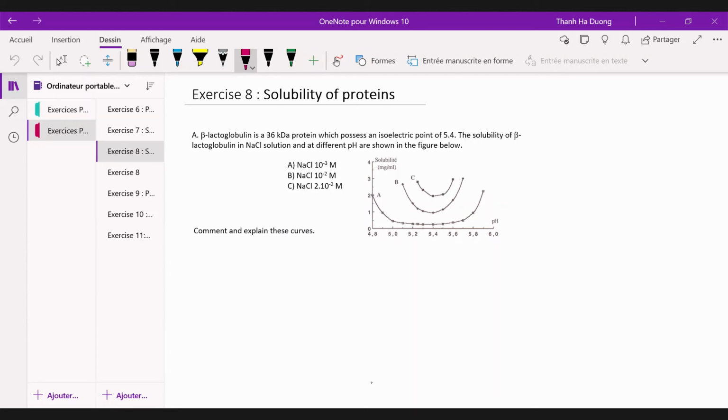Okay? So comment and explain this. So you have the PI here. The PI is 5.4. Okay? So why at the PI, the protein has its lowest solubility?